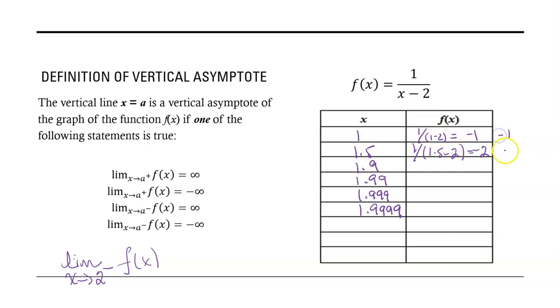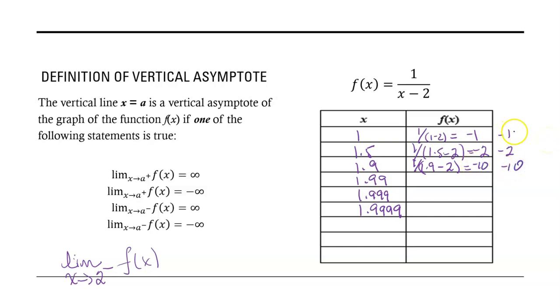So I'm going to write these over here. So we've got negative 1, negative 2, 1 over 1.9 minus 2, and that is equal to 1 over negative 1/10. 1 over negative 1/10 will give us negative 10. So we've got negative 10.